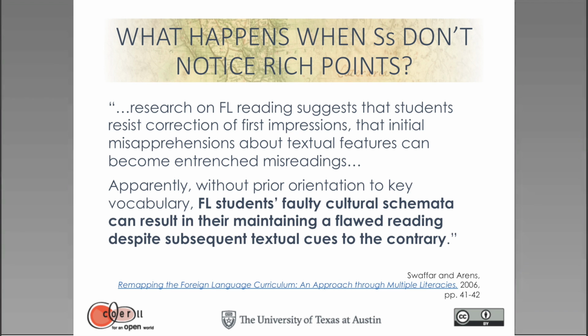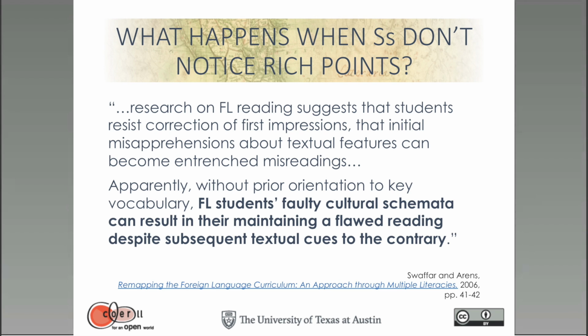I'm sure you can imagine in your own classrooms, you've encountered this a number of times, where students are reading and have taken a turn, based on the default system of their own cultural schemes, in making meaning out of a text, and it's just not plugging into all of these context clues in the text, and they seem to be stuck in this rut.